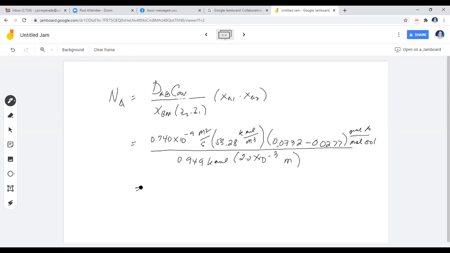So that would be 9.45 times 10 raised to negative 7.